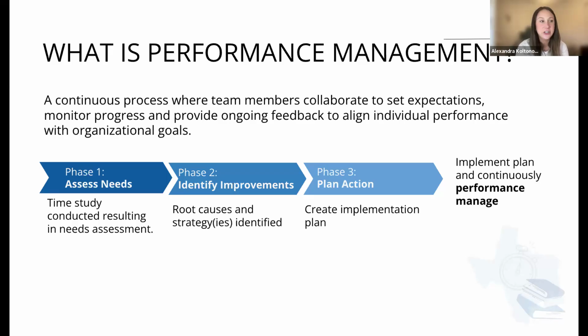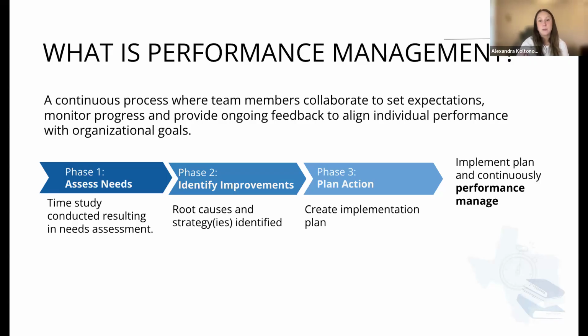Along with implementation, we also want to be continuously performance managing our work. So really reflecting again on what is working, looking at both process and outcomes. Process being, are we actually doing what we said we were going to be doing in our plan? The outcome piece being, are we seeing what we thought we would be seeing in our plan?